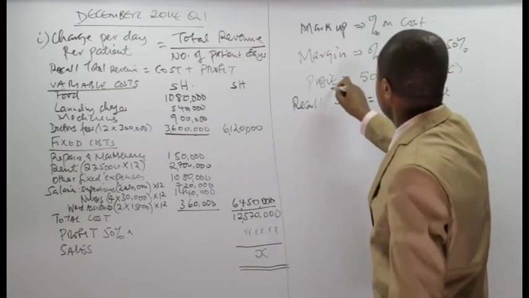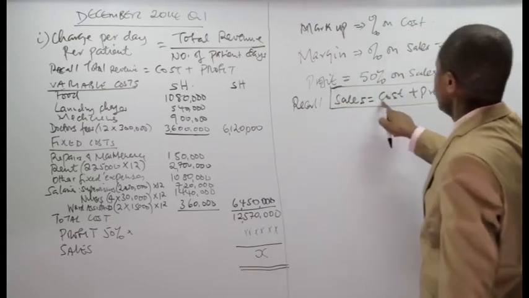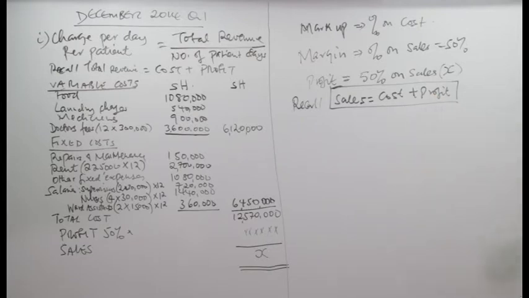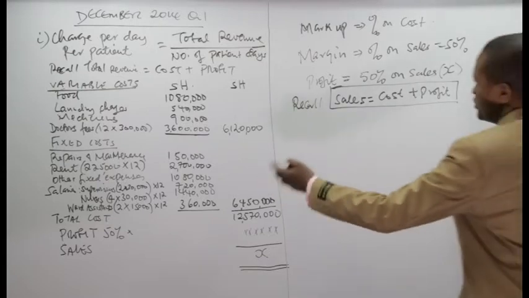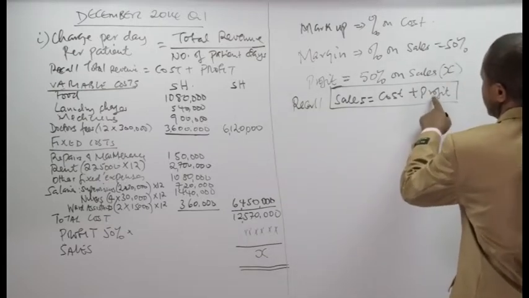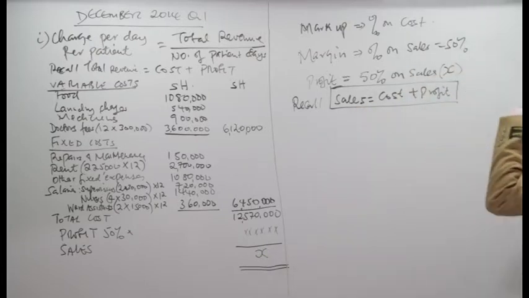Don't forget, this is very important: sales is a function of cost and profit. In our case, we have the cost. We do not have the profit or the sales, but we have a percentage. We'll work with the percentage.